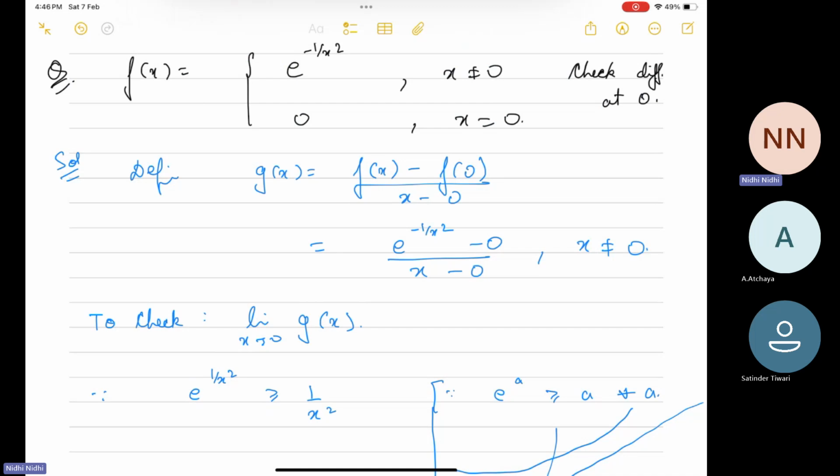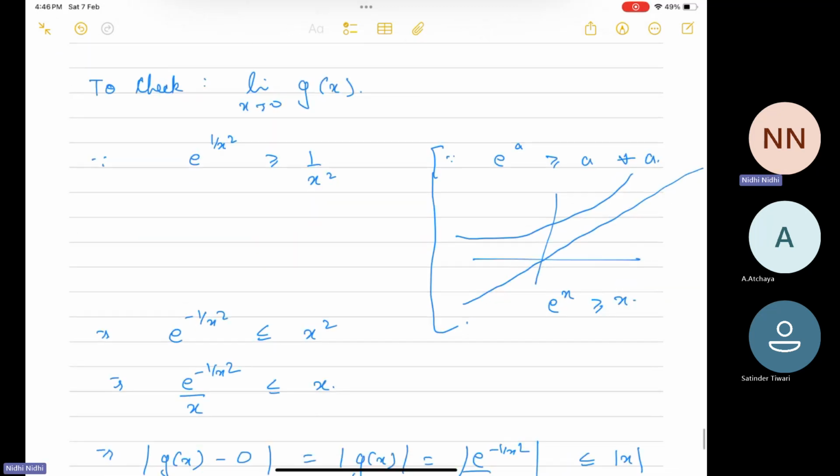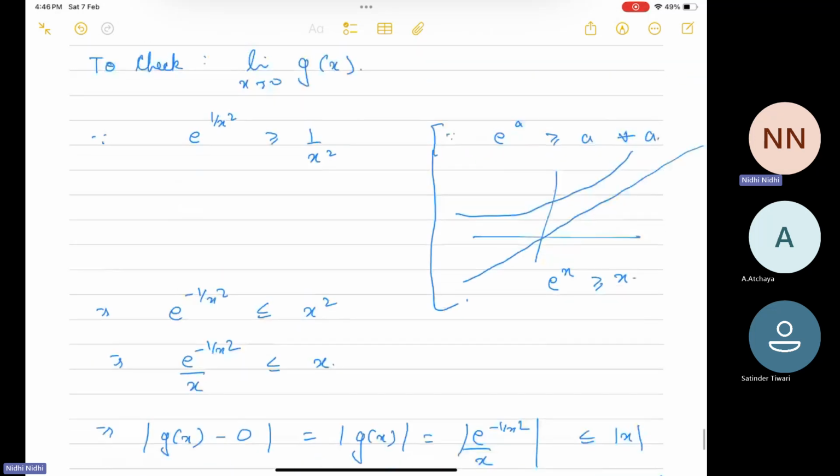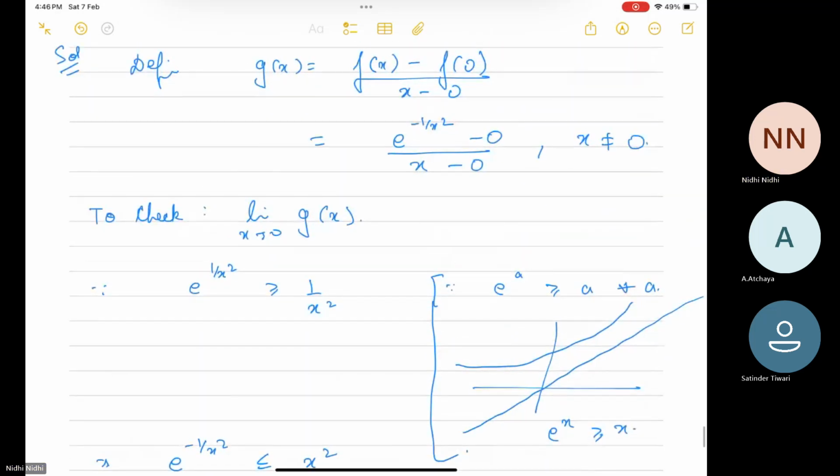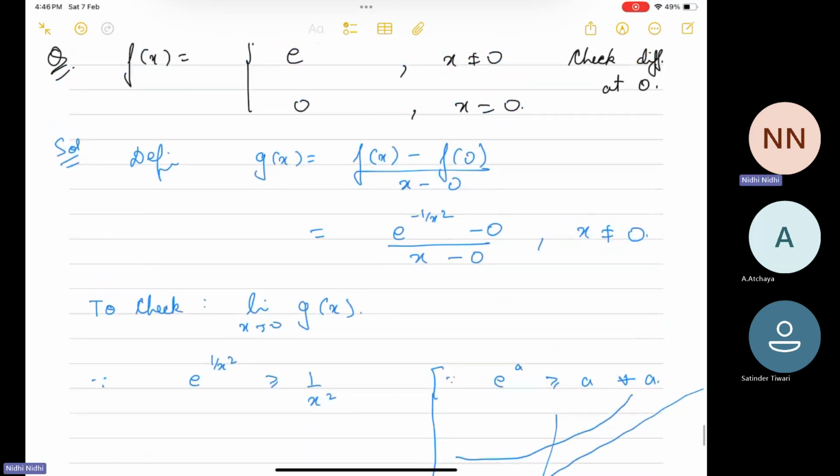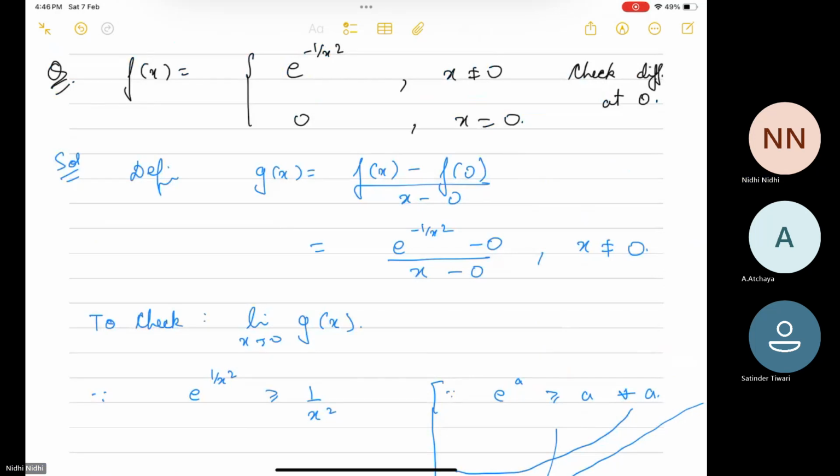So basically differentiability is nothing new. All we need to check is the limit of this new function g. So I hope this was clear how we proved that this limit x tending to 0 of g exists, and hence the function f is differentiable.